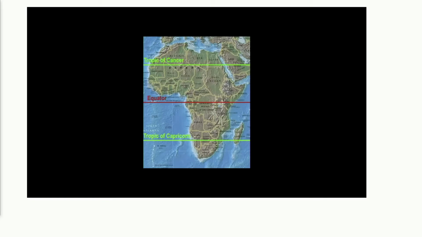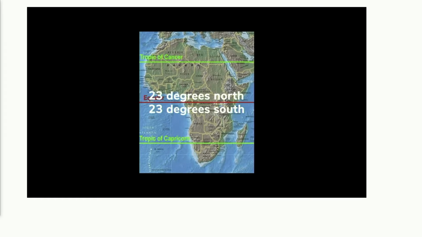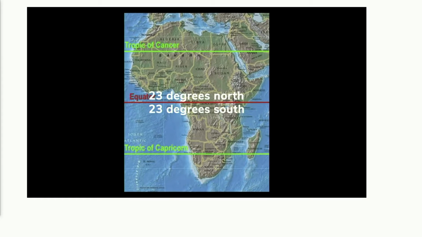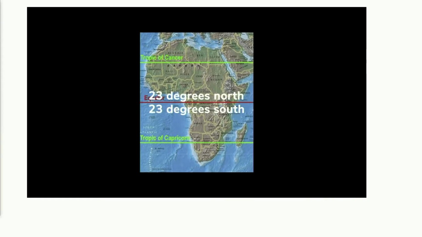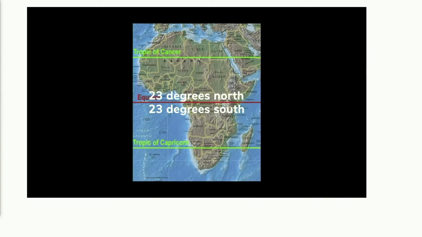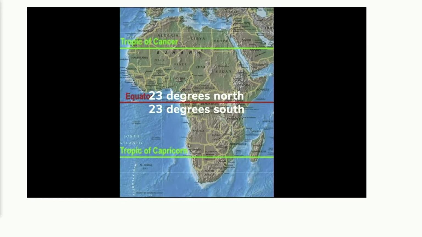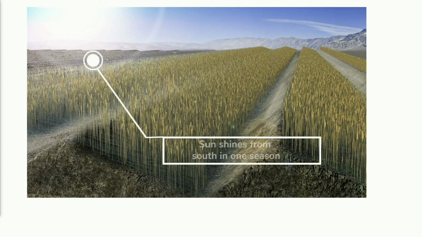We want to start in Africa and develop a pilot in Africa. In Africa, there is an interesting possibility between 23 north and 23 south. There, the sun shines in one season from the south, another season from the north.